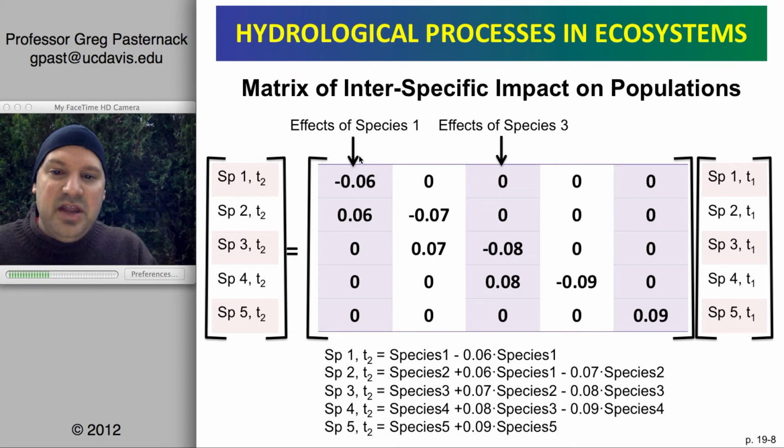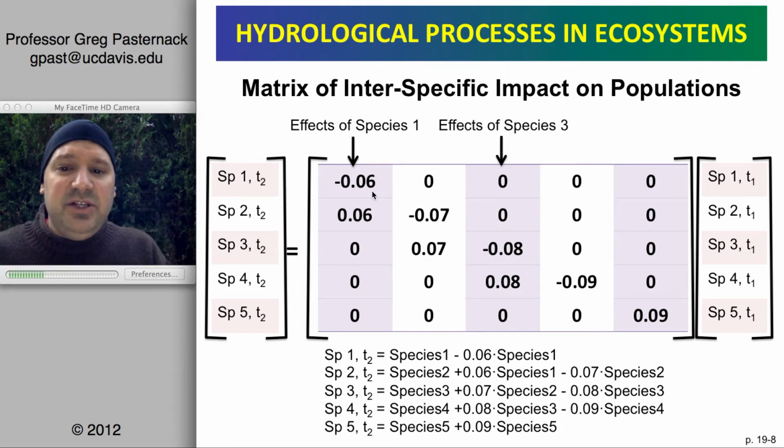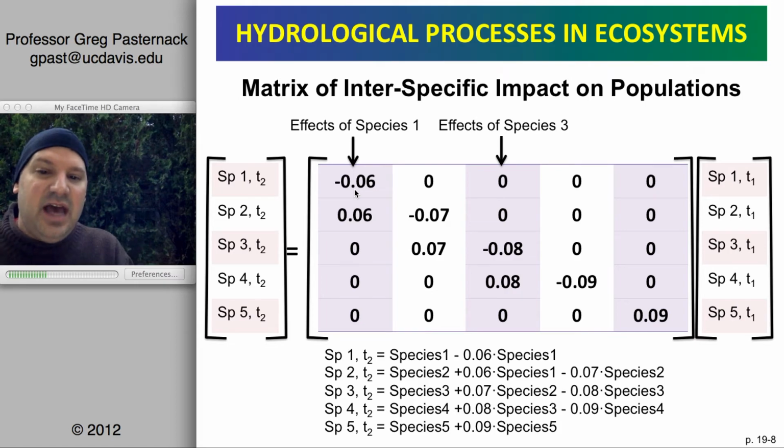And so let's look at the numbers carefully. Negative 0.06 means that for species 1, its population size at time 2 is going to be going down, and everything in the first column is the effect of species 1 either on itself or on other species. Having a lot of species 1 creates competition among those individuals, and so it actually decreases its population size.